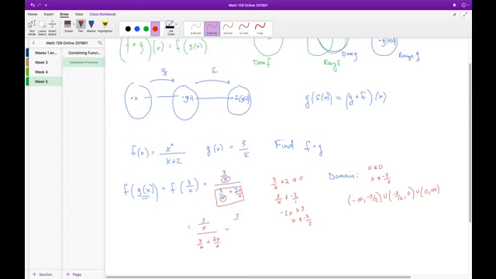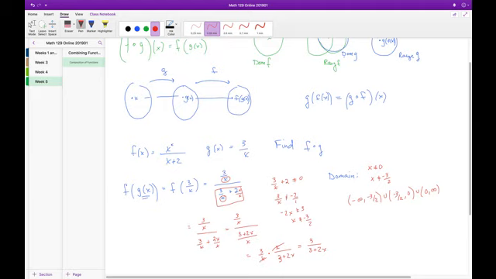So this is 3 over x all over 3 plus 2x over x. So now taking the 3 over x numerator and multiplying it by the reciprocal of the denominator, that x factor will cancel, and I'm left with 3 over 3 plus 2x. So that's my composition function simplified.